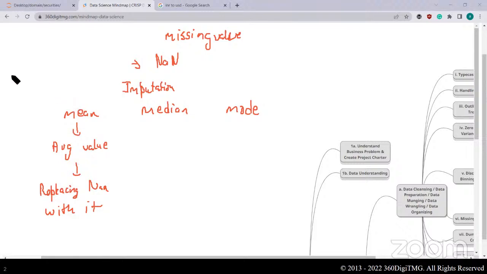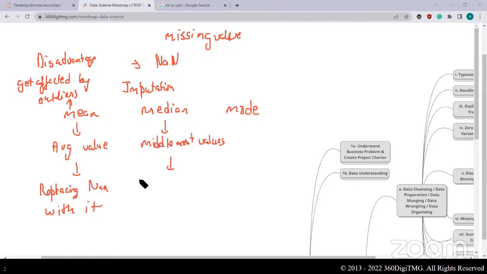Now the disadvantage of mean is that it can get affected by outliers. All right, it can get affected by outliers. And then in median, you're taking the middlemost value. Again, you're replacing the NaN values with the median.